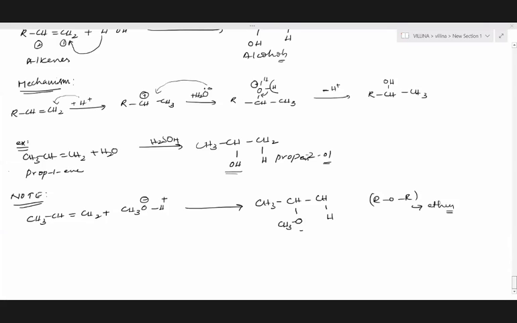So we will be getting OCH3, ROR. What is this? Ethers we will have, ROR. Same mechanism, only thing is instead of OH, alkoxide ions, CH3O minus, will be added to the carbon.